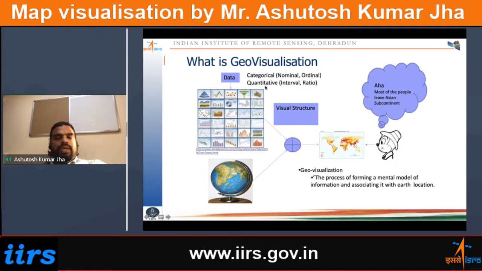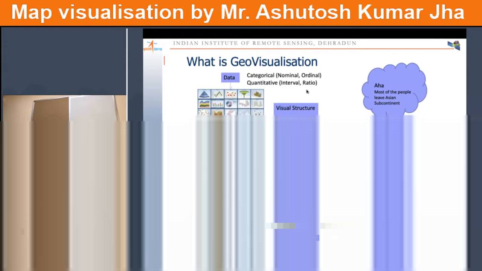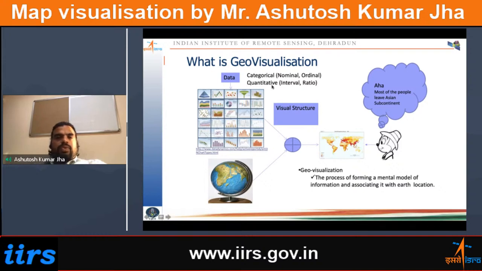So we have two broader categories of data sets. Further, categorical data sets may be nominal or ordinal, and quantitative data sets are interval and ratio. I hope you know the differences between these, but let me just summarize.